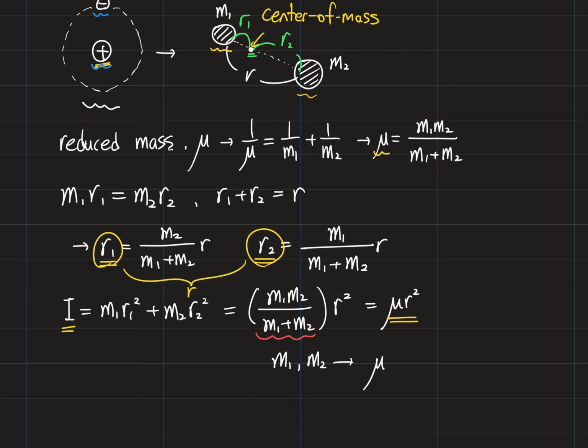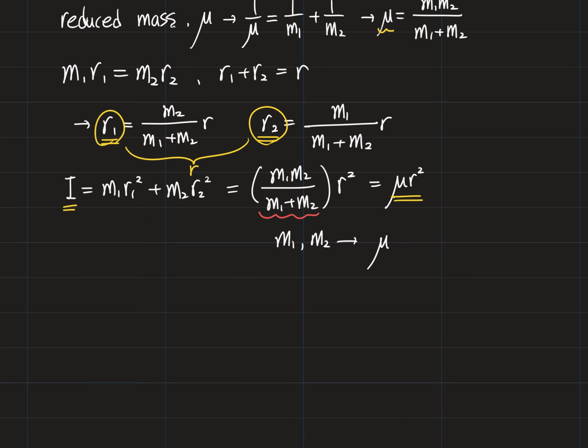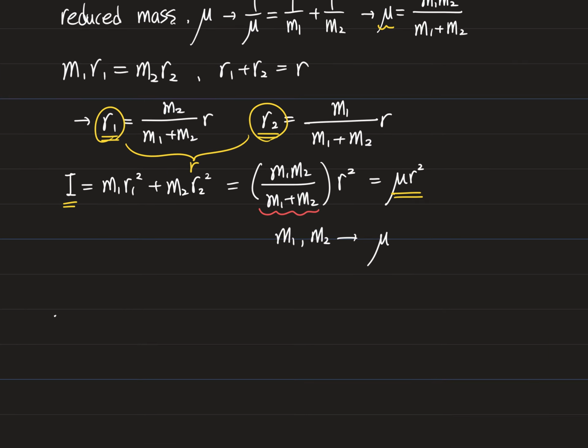Okay, so let's apply this process to our hydrogen atom. For the proton-electron system, the reduced mass mu is the proton mass multiplied by the electron mass, divided by the sum of the proton mass and the electron mass.